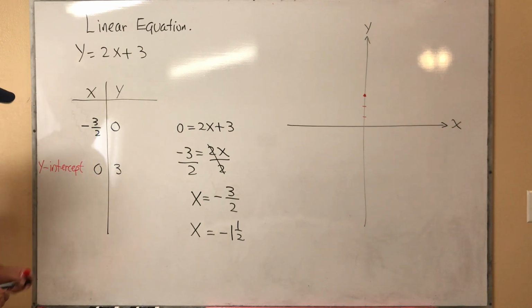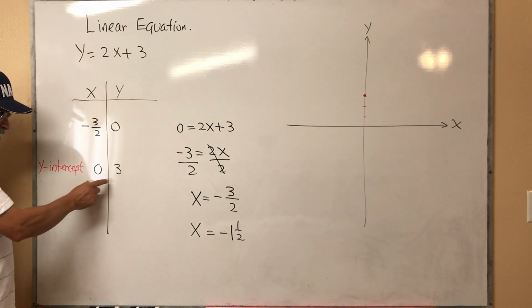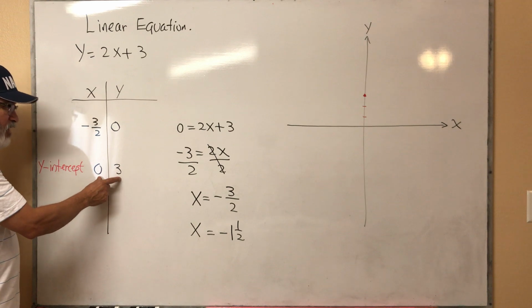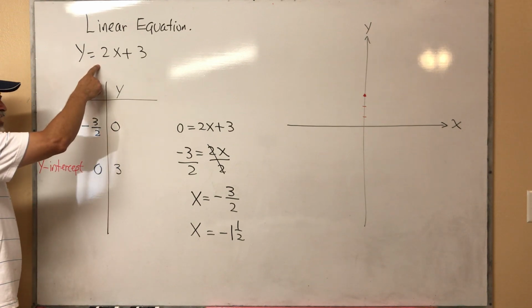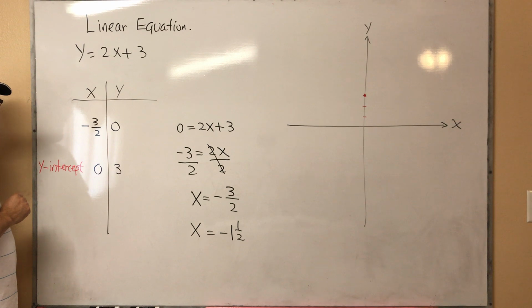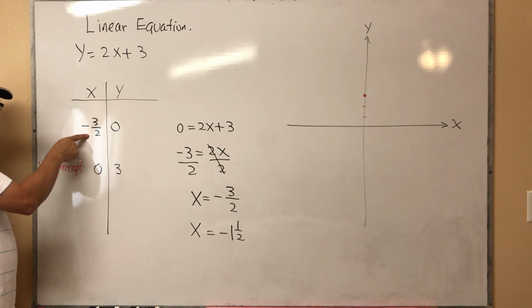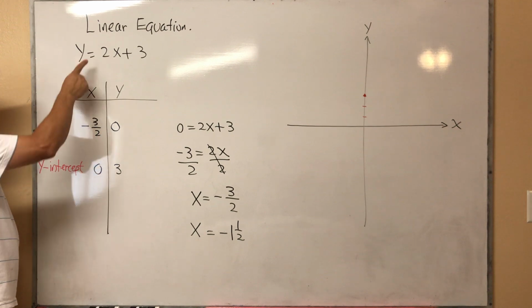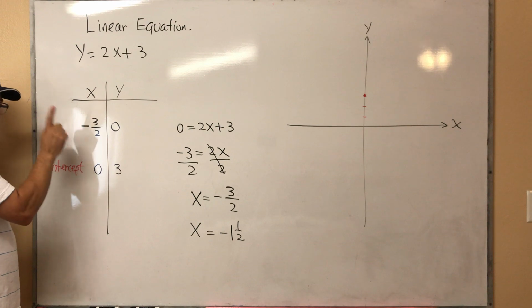Okay? Now don't forget, we call this the y-intercept because this is the point where the line crosses the y-axis. You let x equal 0. This is going to be the x-intercept because this is going to be the point where the line crosses the x-axis. Watch this.